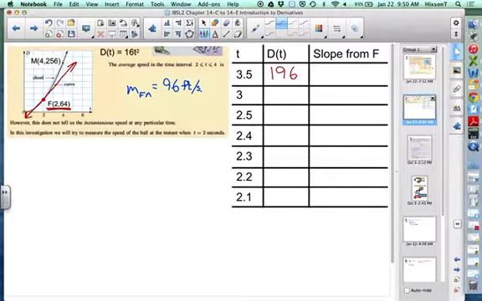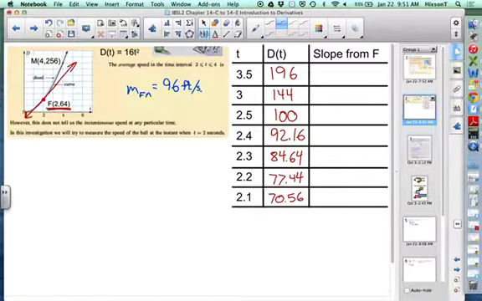How about at 3? 2.5? 100. 2.4? 92.16. 2.3? 84.64. 2.2? 77.44. And 2.1? 70.56.